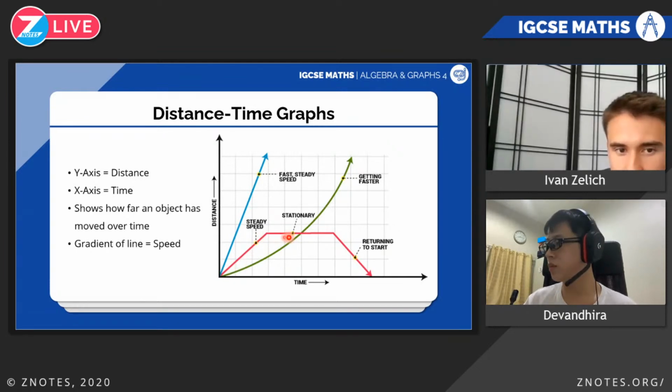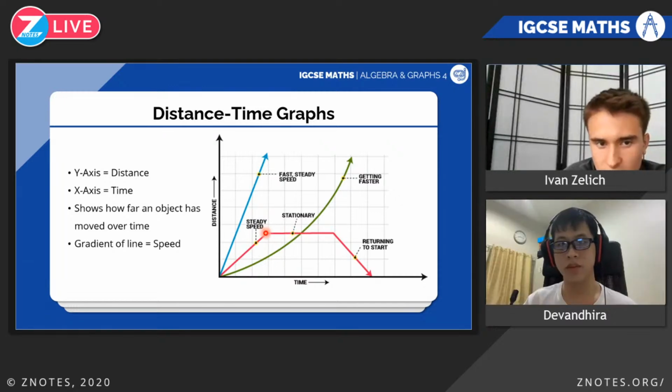When the graph is horizontal like this, you're getting the y at a fixed point, right? So that means that it's not moving, it's stationary. And then when you're going down, you're returning to the start. This is important for velocity.